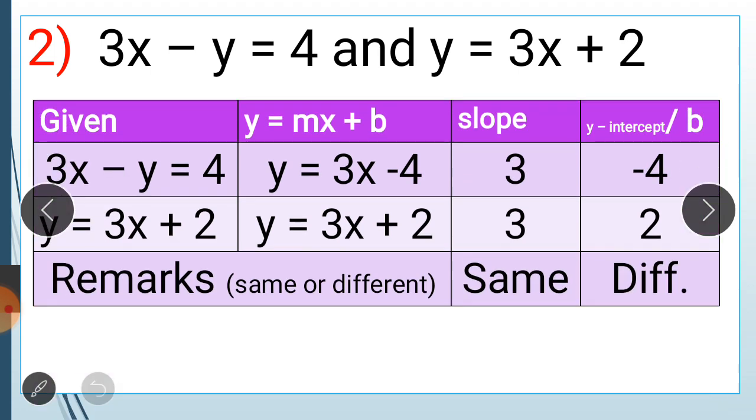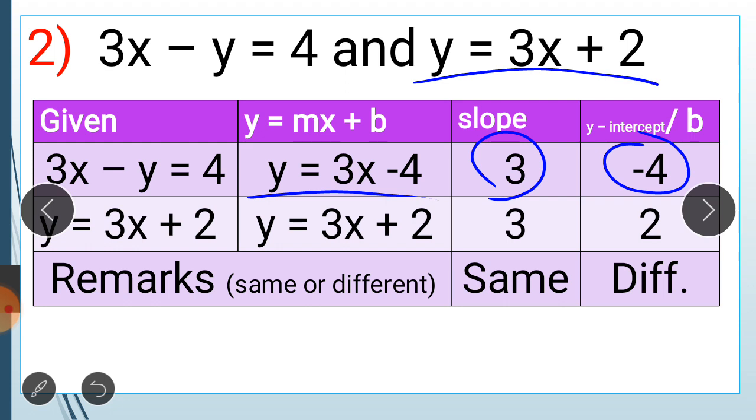So 3x minus y equals 4. It will become y equals 3x minus 4. Slope is 3, y-intercept is negative 4. Okay, for number 2, this is also a linear equation in two variables, even though x is on the right side of the equation.